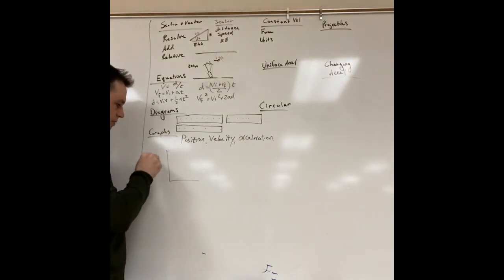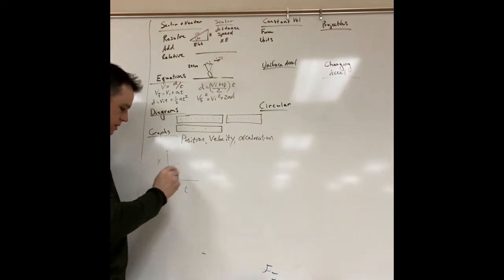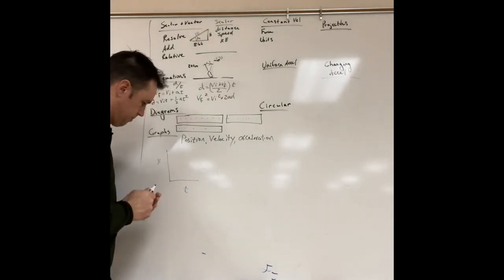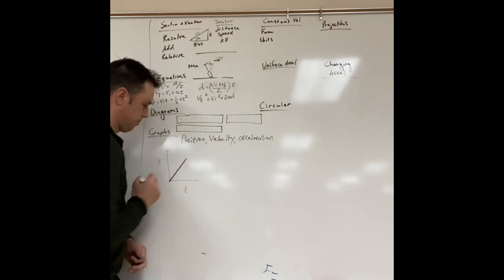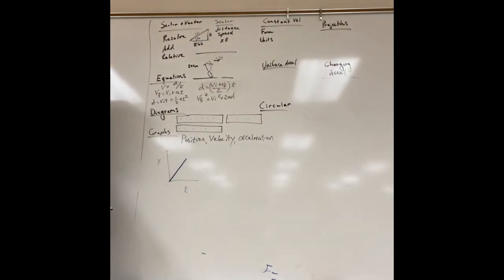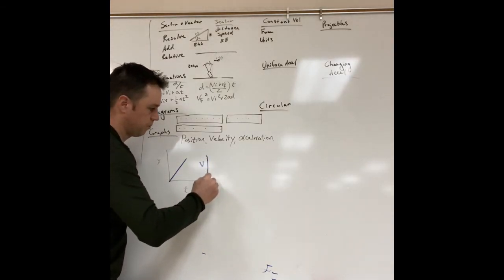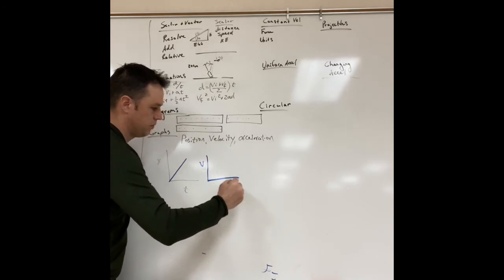So if you ever have a position time graph that looks nice and constant like that, that's what we call a constant positive slope, then your velocity time graph is the rate of change in this.